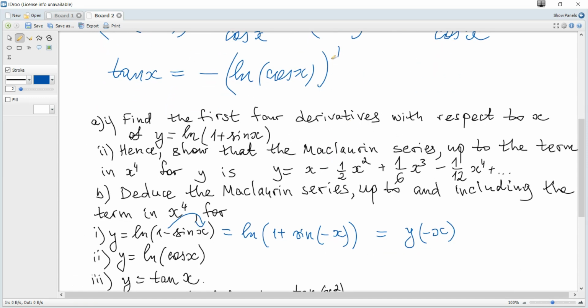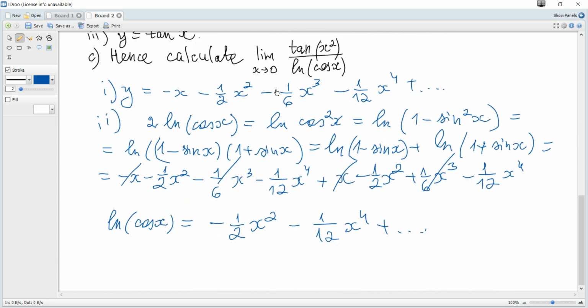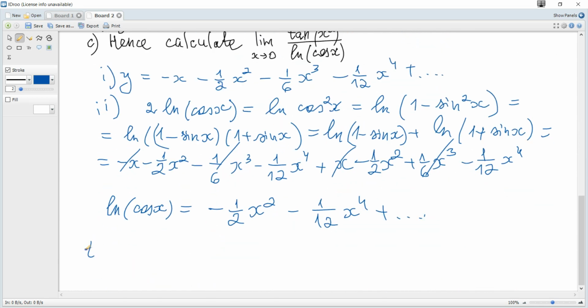So the series for tangent is minus the derivative of minus a half x squared minus 1 over 12x to the power of 4 plus so on.